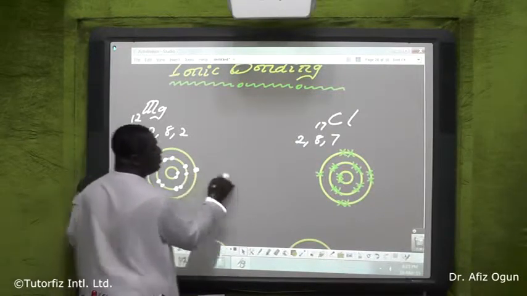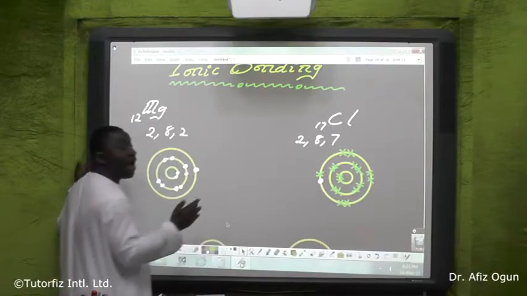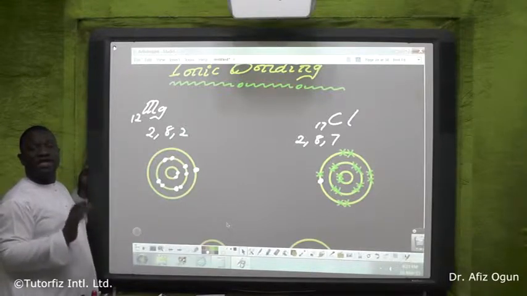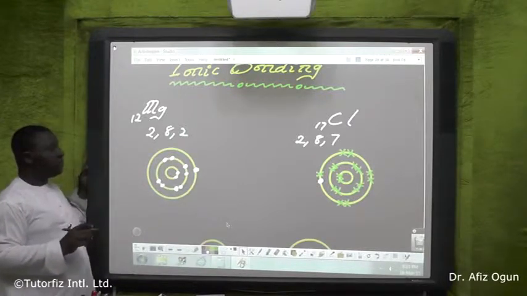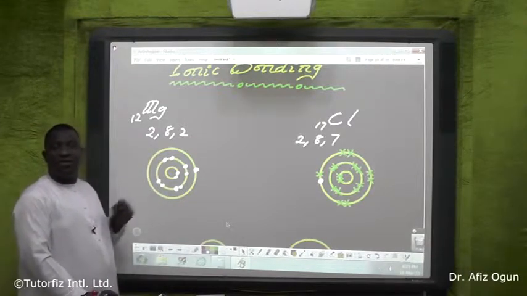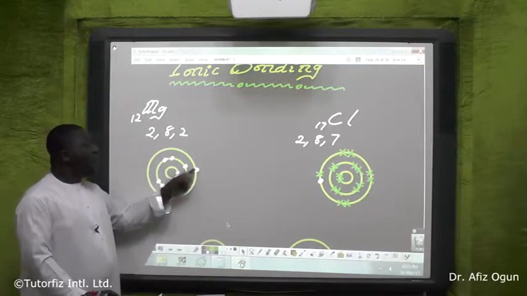If magnesium loses this one and gives it to this chlorine, yes, chlorine will be satisfied because it will have 8 in its outermost shell. It is now like argon. But magnesium is still not like neon, the closest noble gas. So it needs to lose one more to be like that.